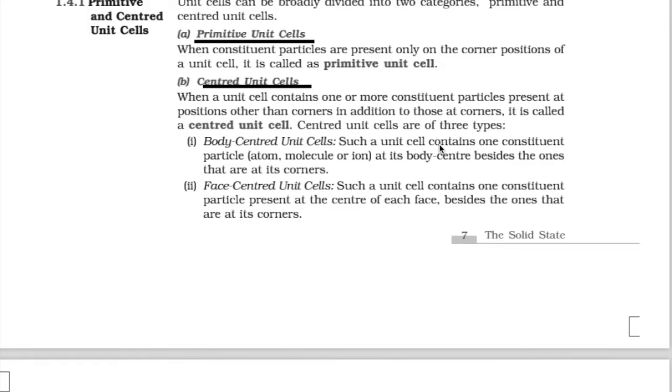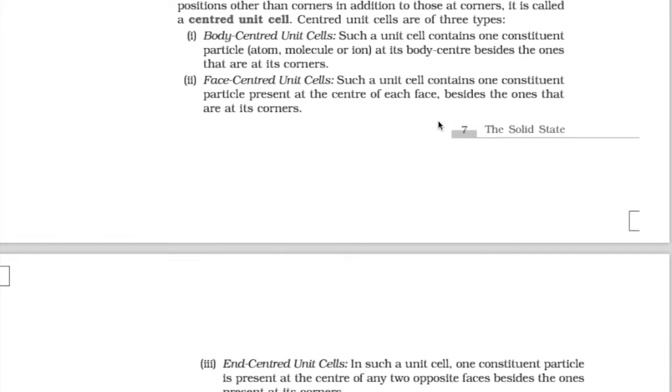Centered unit cells are of 3 types. Body centered unit cell, in short BCC. In such cells, constituent particles are present at the corners as well as at the body center of the unit cell.